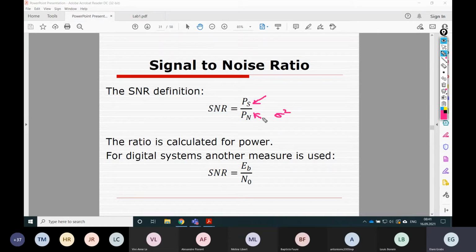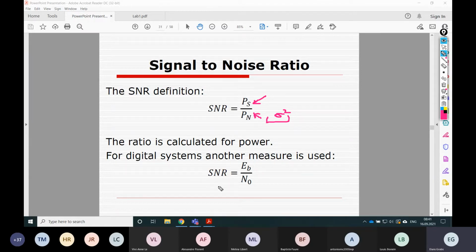So if we have some random normal process, we can calculate its variance, and this variance will accordingly be the power of the noise. We'll use this approach in our practical exercise. Well, not today. Today we are going to use a simple built-in function, but later on we will learn how to calculate this noise power ourselves.